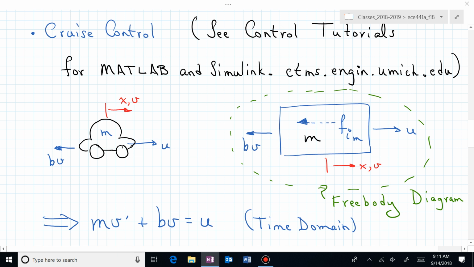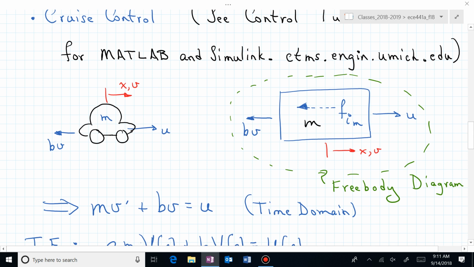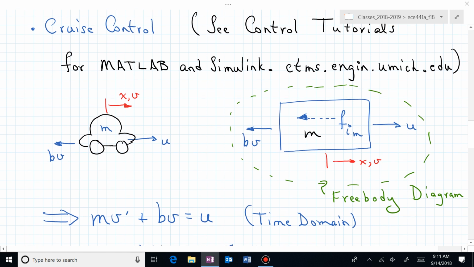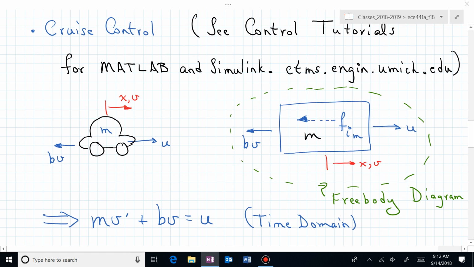Now we have the three forces, and the inertial force is ma, or mv prime, m times the first derivative of the velocity, plus the damping, bv. Those are both going to the left, and the applied force is going to the right. I'm setting those equal, and in the time domain I now have a first order differential equation in terms of velocity of that vehicle.